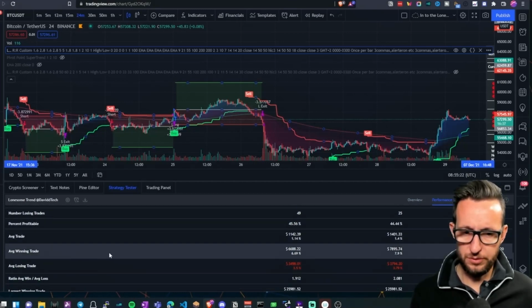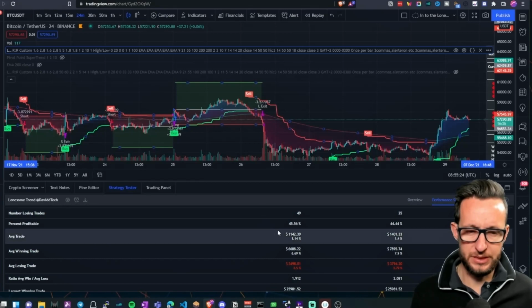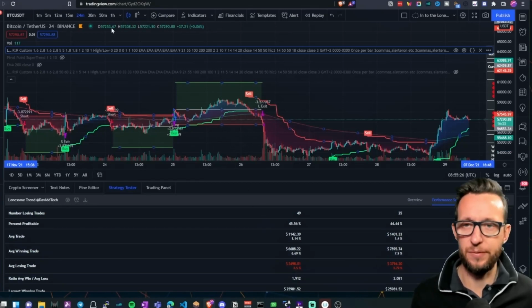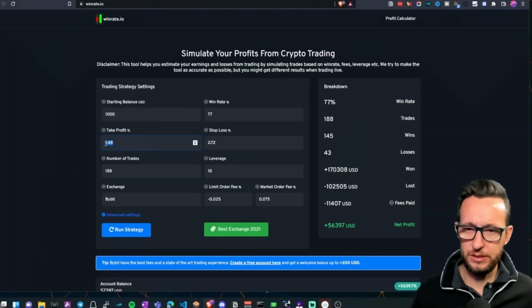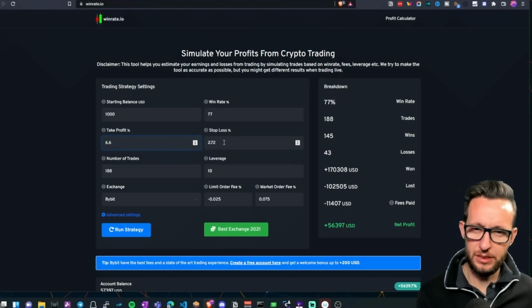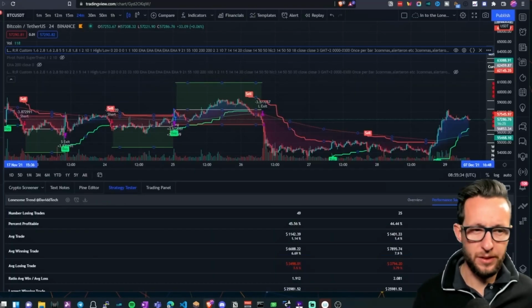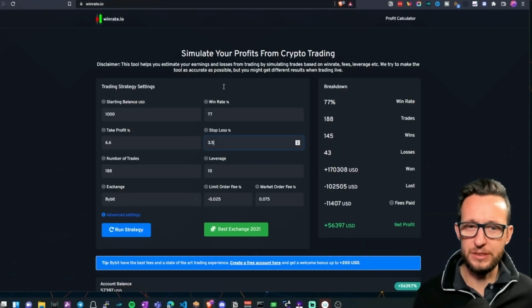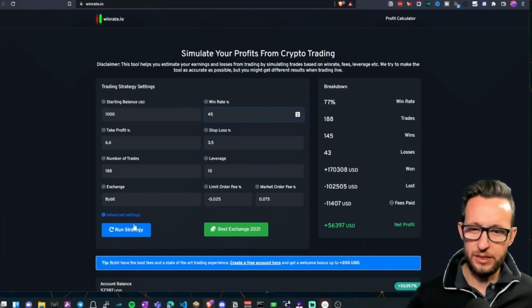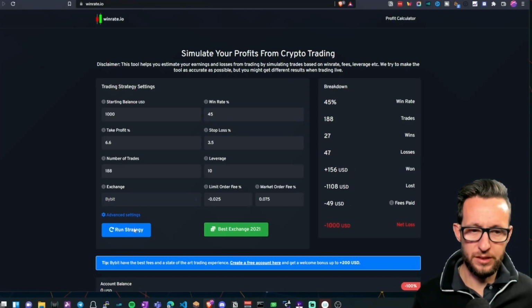The average winning trade was 6.6% and the average loss 3.5%, and I think it was a 45% win rate. Now would this work? A lot less chance of it actually making you any money. When it does make money, it makes a lot of money.